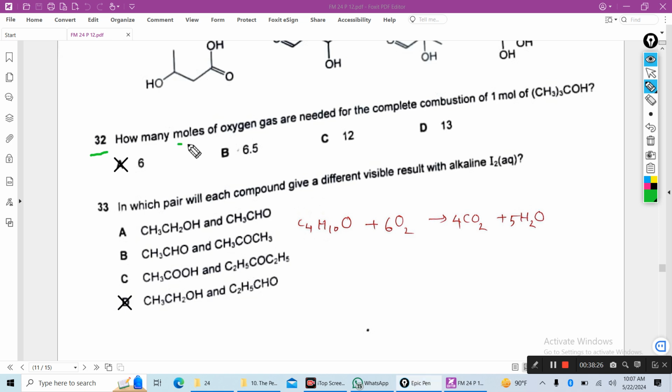32. How many moles of oxygen gas are needed for the complete conversion of 1 mole of the compound?